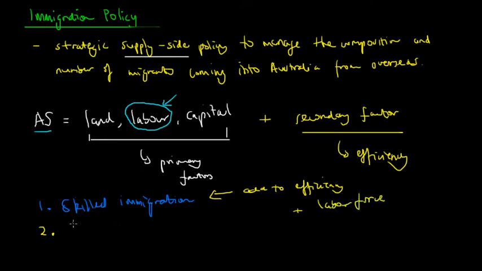The second part is what we call family immigration. So this relates to the idea that when we hire workers, so when we hire a manager of a big firm, a big mining firm, we can't just expect them to come to Australia and live here permanently by themselves. Of course, they must have family, they have children, perhaps they have spouses.